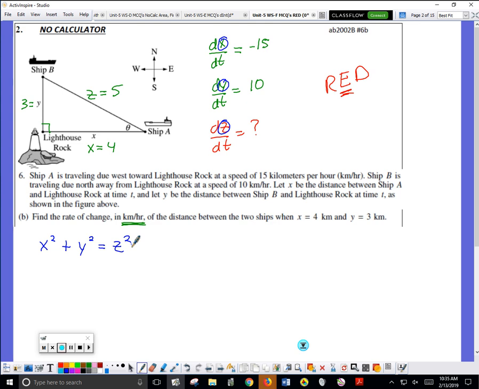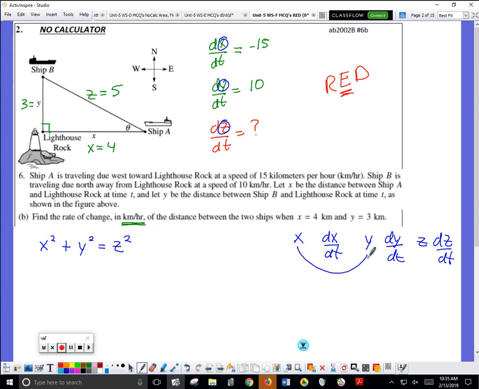Remember we drew Danica's chart on the last one. You've got the distance x, but you've also got the rate at which x changes, and then the distance y and the rate at which y changes. Here we're looking not for the distance z, we know that, but for how fast z changes.